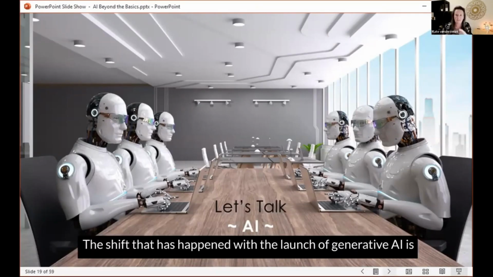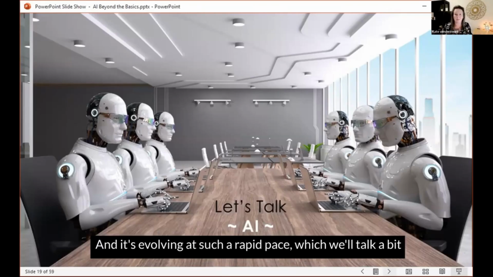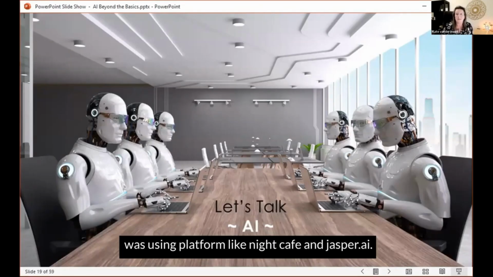The shift that has happened with the launch of generative AI is that AI is now not just a custom built solution by big companies. It's now in the hands of everybody. And it's evolving at such a rapid pace, which we'll talk a bit more about shortly. But about 2 years ago, I was using platforms like Night Cafe and Jasper.ai.